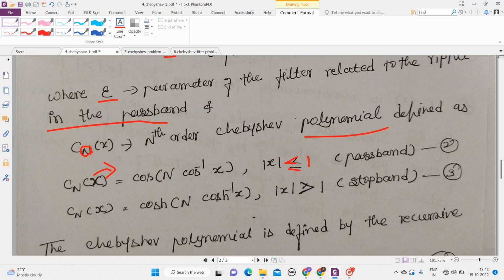If x is less than or equal to 1, it is a passband; this is the equation. If x is greater than 1, it is a stopband equation. The ripple factor exists in the stopband. So when x is greater than 1, the equation is this one.